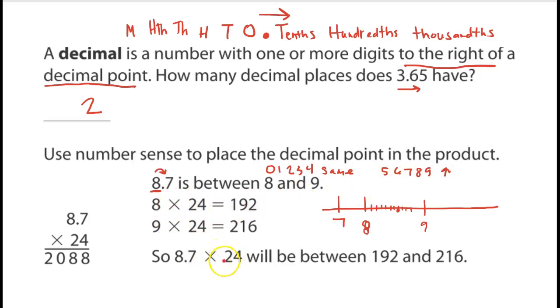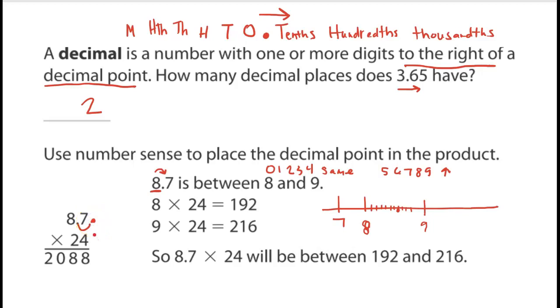It gives us an idea that our answer, or our product, is going to be between 192 and 216. So when they did the standard algorithm, 8.7 times 24, they got 2088. It's our job to put the decimal in the correct spot. What I've told you is that when we multiply decimals, it's easier to pretend that it's a whole number. So all you have to do is move that decimal place to the right, however many digits, and in this case it's only 1 digit.